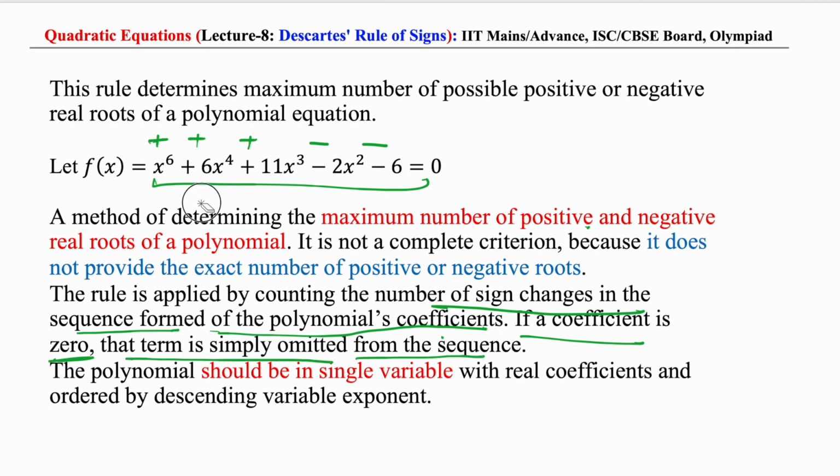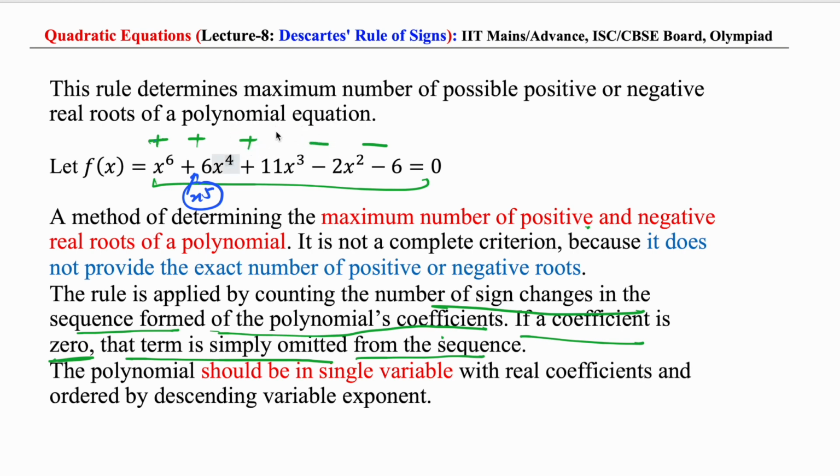So here we can observe that the term missing is x to the power 5. So we have omitted the sign of x to the power 5 here. So first we have to arrange the terms in decreasing powers of x or increasing powers of x, and we have to write the signs of the coefficients, and we have to count the number of sign changes.